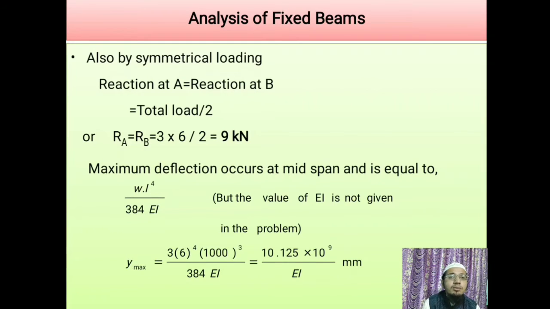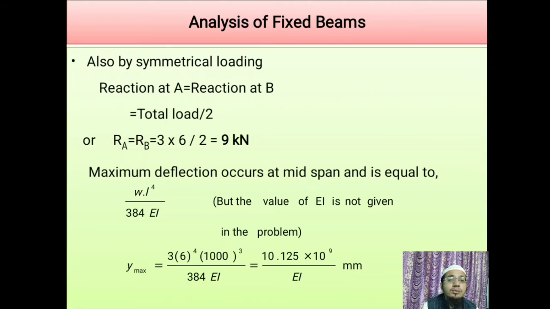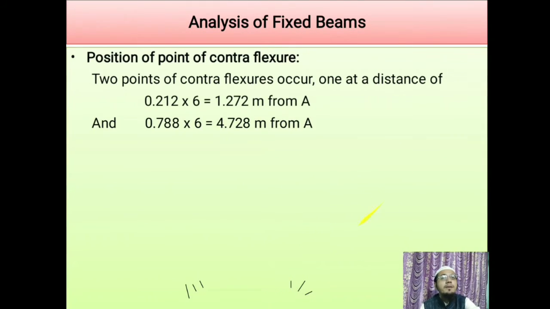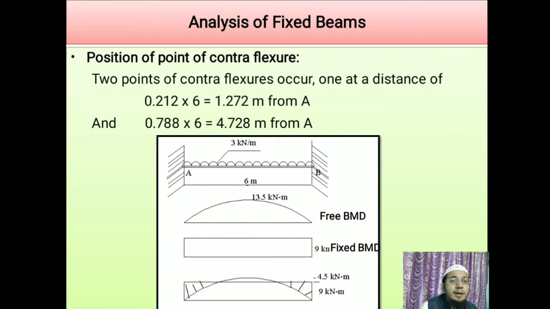So what is remaining now? Yes, to draw shear force and bending moment diagram, and also mark the important positions. So let's go for it. First of all, point of contraflexure. So where will it occur? You can see in the diagram, the first figure shows the loading diagram. Below that is the free bending moment diagram, that is the simply supported beam condition, which is a simple parabola, in which the midpoint has the maximum positive bending moment of 13.5 kilonewton meter.